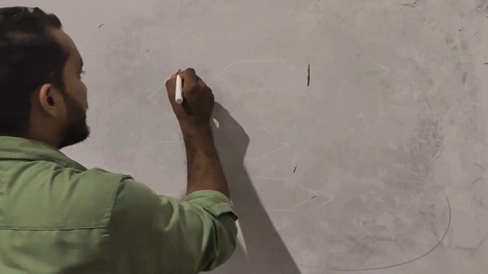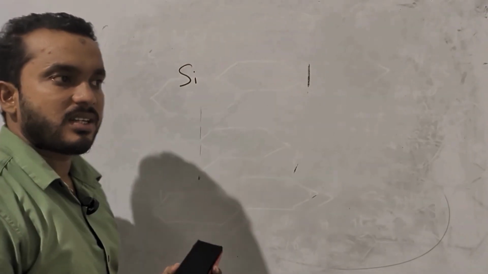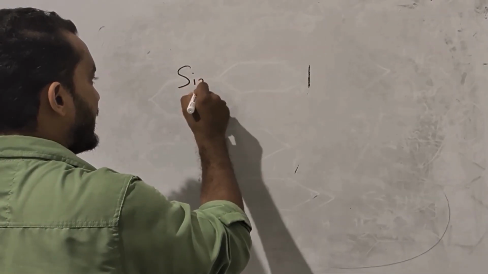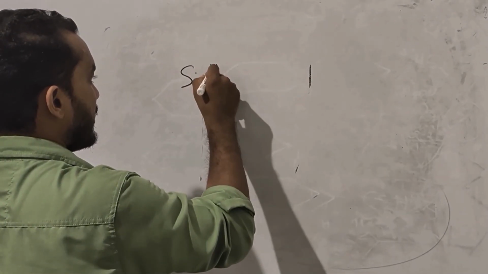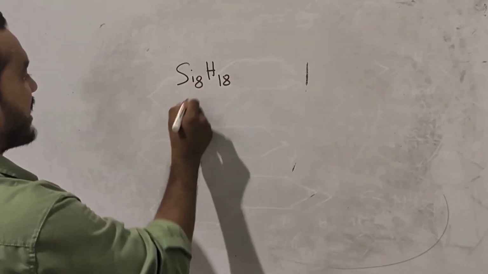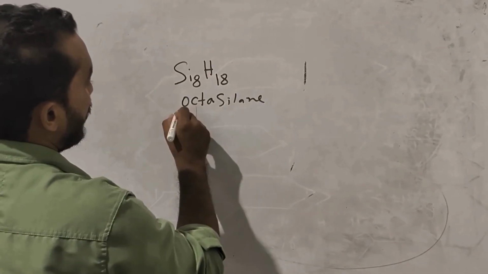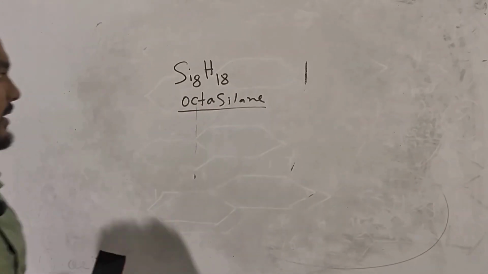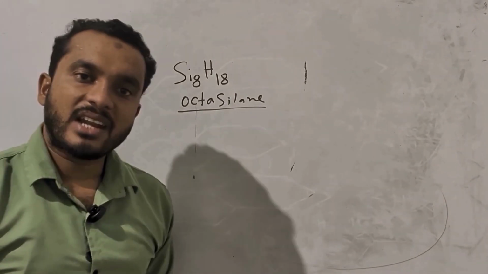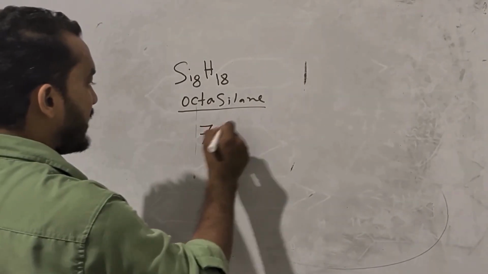In your NCERT textbook, it is said that silicon atoms can arrange in the form of 8 atoms and combine with hydrogen, and this is called octasilane, where silicon is bonded with other silicon atoms up to 7 to 8.